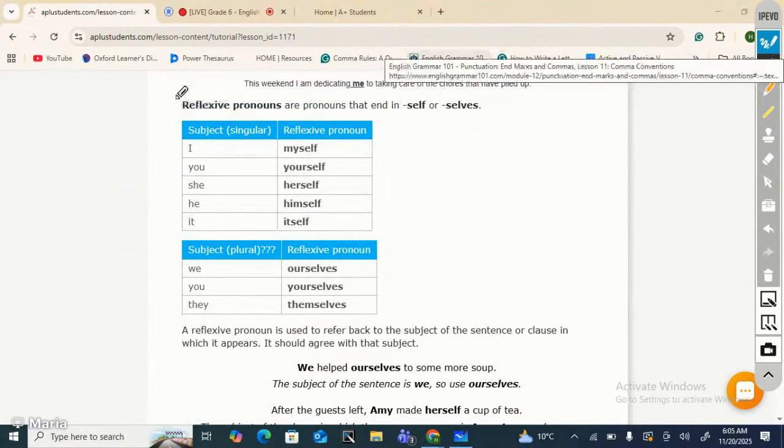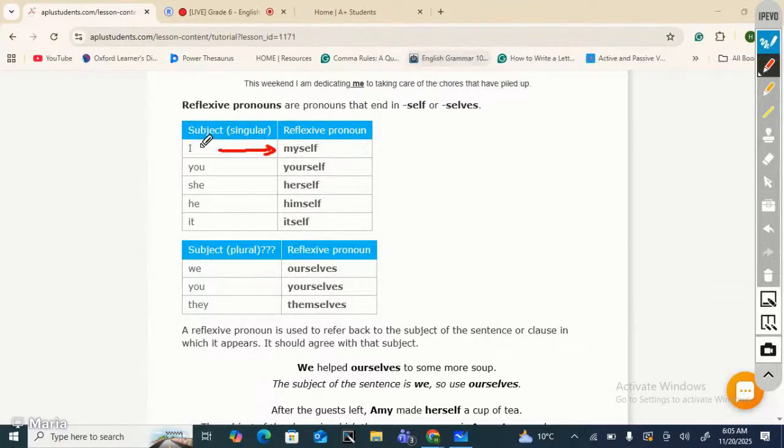Look at this table. These are singular subjects, and for singular subjects, the appropriate reflexive pronoun is mentioned. If the singular subject I is in the sentence, use the reflexive pronoun myself. If the subject pronoun is singular you, use the reflexive pronoun yourself, ending in self.